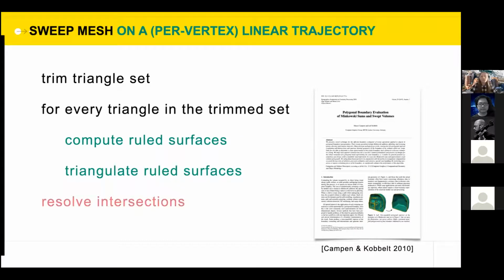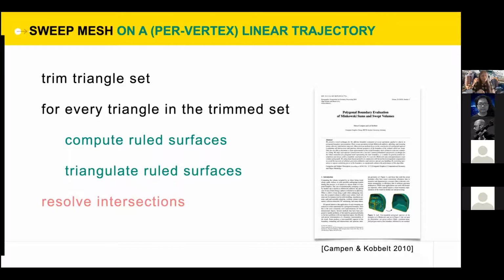A slightly more general set of trajectories is where each vertex is moving linearly. So imagine we have a shape at an initial position and at a final position. We're going to pretend that every vertex is moving from its initial position to its final position along a straight line. Now, this is still a very big restriction, even if it might be hard to understand just from that description.